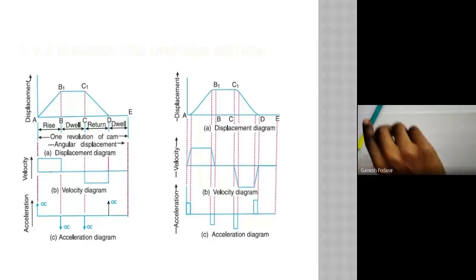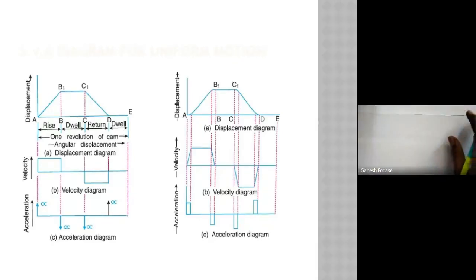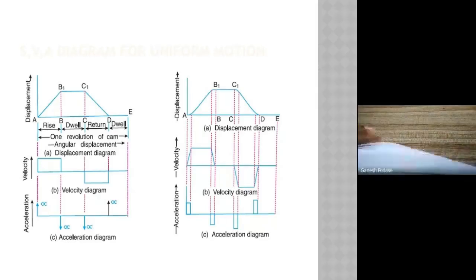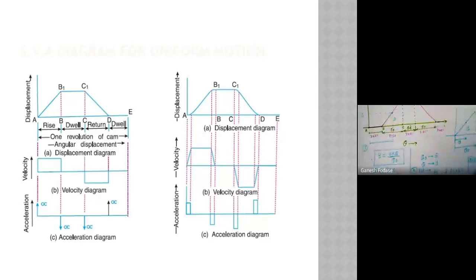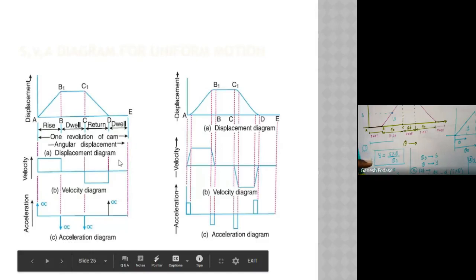So what we have seen today is just one topic. We started with the displacement curve: how to draw the displacement diagram for a uniform motion. Then equations for displacement, velocity, and acceleration, and based on the equations, we saw how to draw the displacement, velocity, and acceleration diagrams. In the initial case, as velocity increases from 0 to a finite value in 0 time, acceleration is infinity.